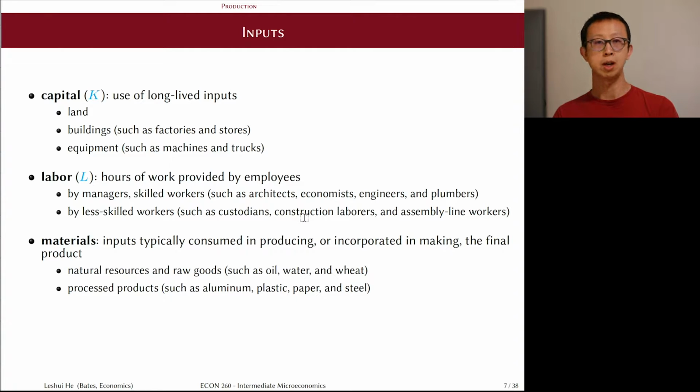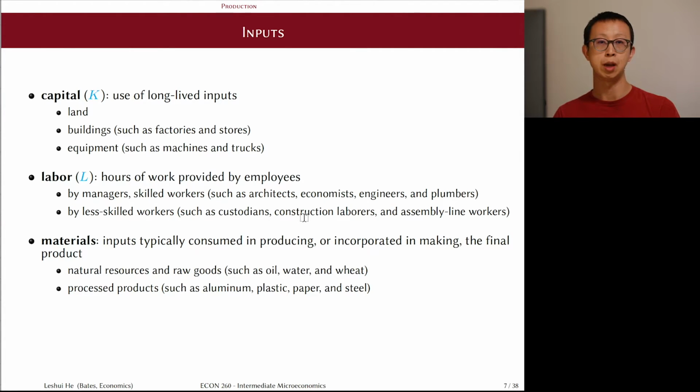Firms use all kinds of inputs in production, but in general, we can categorize them into three major types: capital, labor, and materials. Capital refers to long-lived inputs that can be used repeatedly in the production process. Think about land, buildings, tools, and equipments.